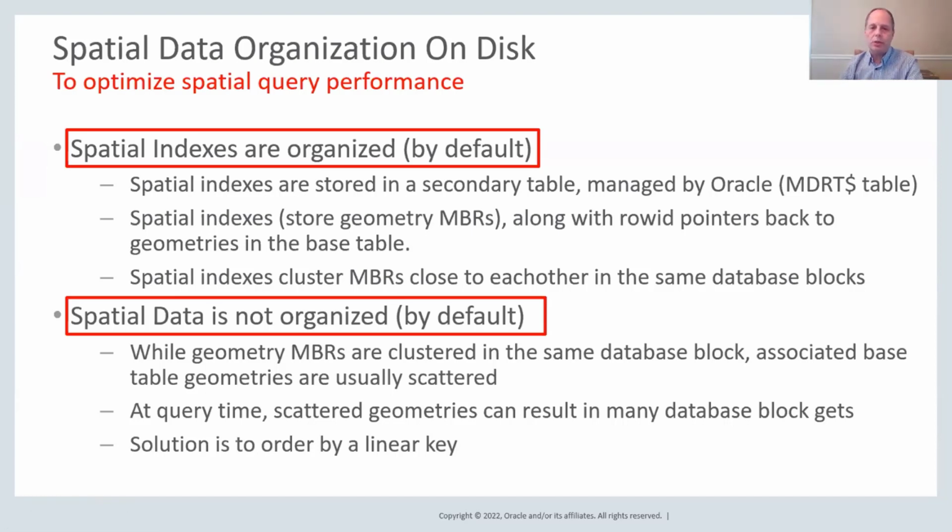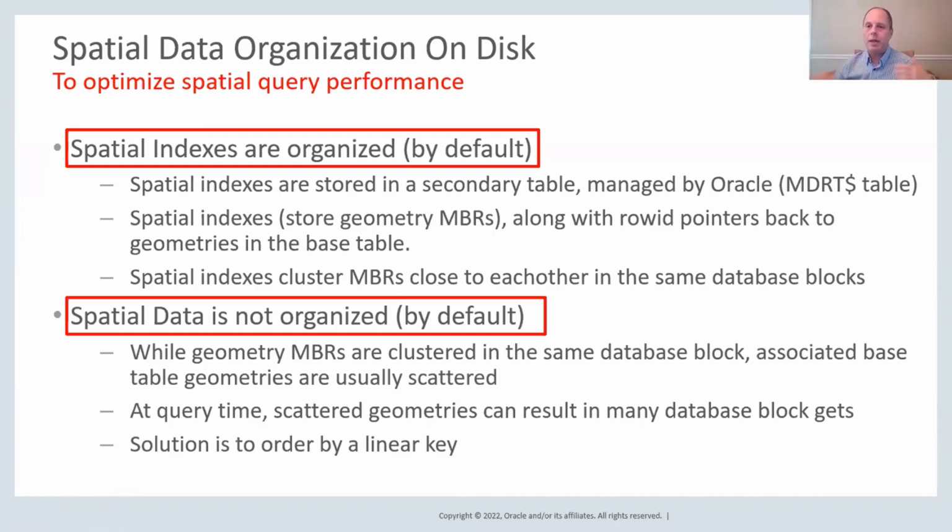So when you do a spatial search, it can quickly find nearest neighbors or other geometries close by. But what if it has those pointers to the actual base table, and that data in the base table isn't clustered together? Things that should be close to each other might be in different parts of the disk, in different database blocks all over the place.